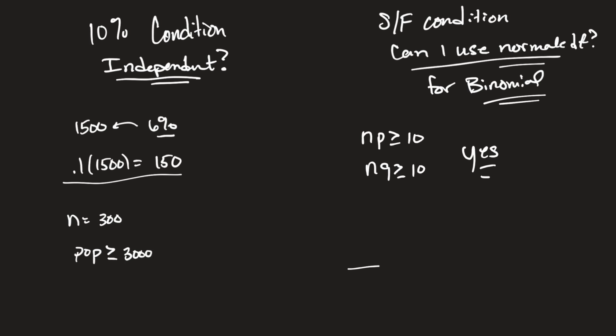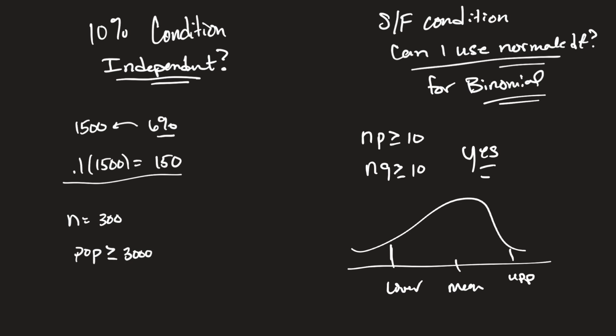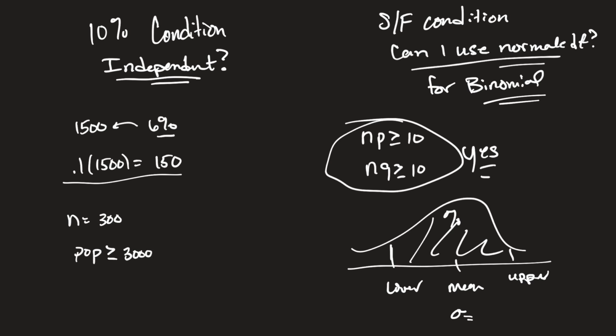I can use that whole concept of having a mean, a lower bound, and an upper bound, and I can find the area in between them and get that percentage. Of course, you need your standard deviation for this. What really happens is I have to justify it by doing that calculation.